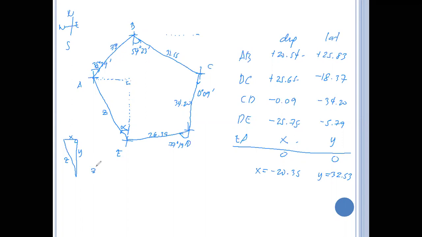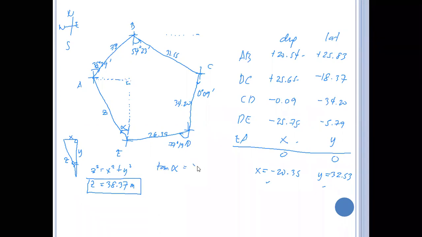So we can use the Pythagorean formula, square root of x squared plus y squared. Just use these two values and substitute. This will give us the value of z as 38.37. So this is our answer for the length. Now, to determine this alpha, since this is a right triangle, we can use the tangent function, x over y.